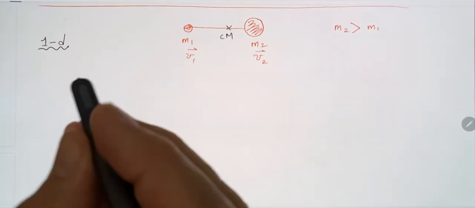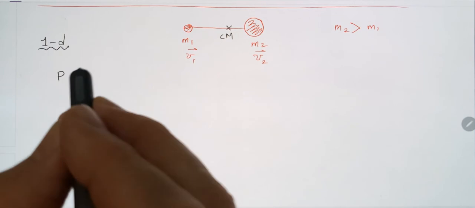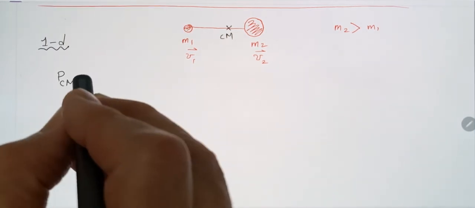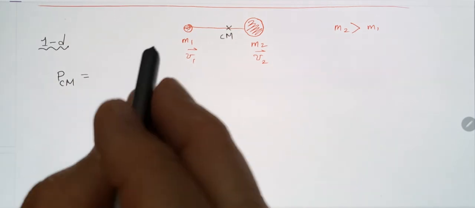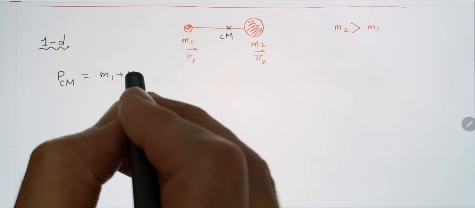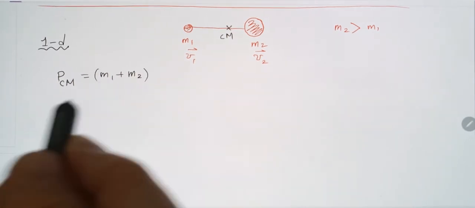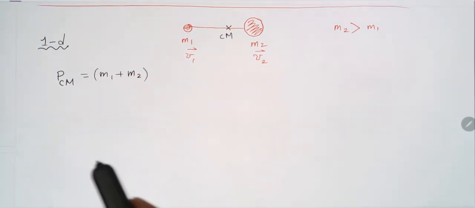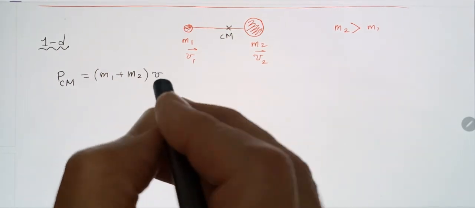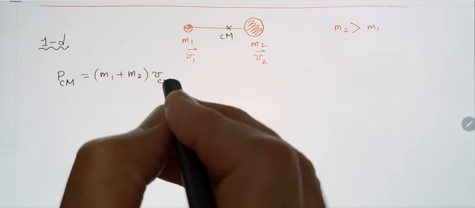So then, what is the momentum of the center of mass, like nature does? It is M1 plus M2, because I have the total mass of the two objects, multiplied by the speed of the center of mass.